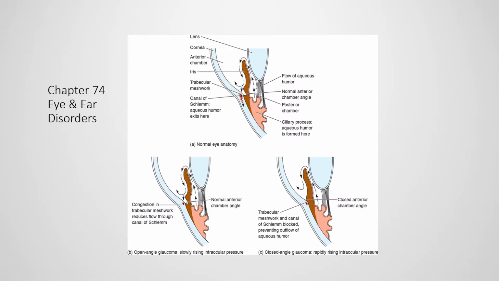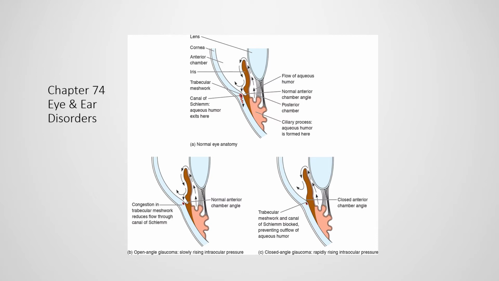Okay, so this slide is showing you 3 images, and it's important to know the difference here. The first slide is just showing you a side section of the eyeball.